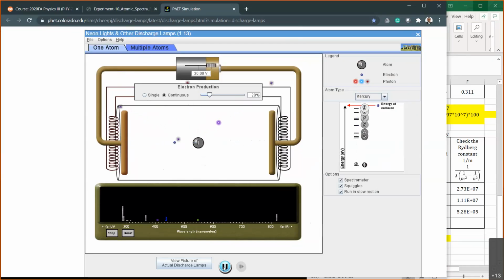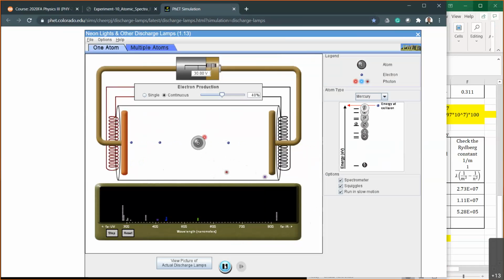That's the same purple color we already did. That's the other two colors. Green color we already did. Let me add a little bit more electrons to see if we can do it faster.